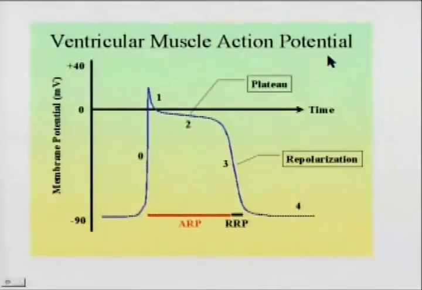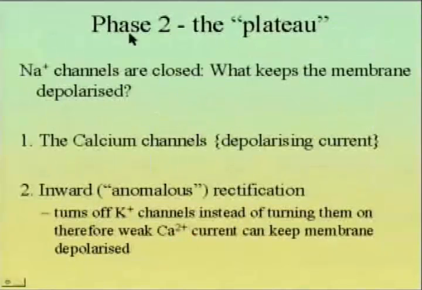Again, I'm showing you the ventricular muscle action potential, and it's this plateau phase that we're considering. So that phase 2, the plateau, the sodium channels are closed, which we know happens at the peak of the action potential. So what keeps the membrane depolarized? They are calcium channels that maintain a depolarizing current, so there's a sufficient calcium influx to sustain that positive membrane potential.